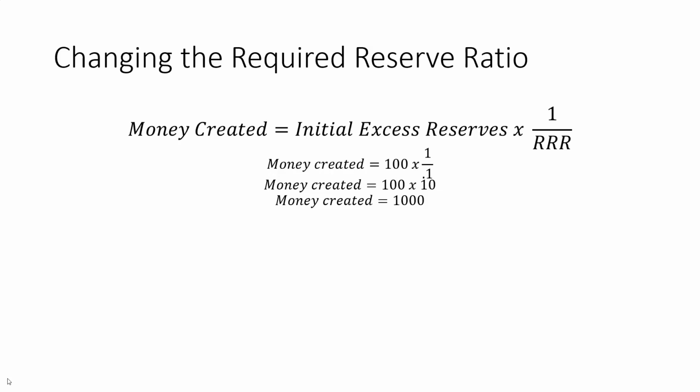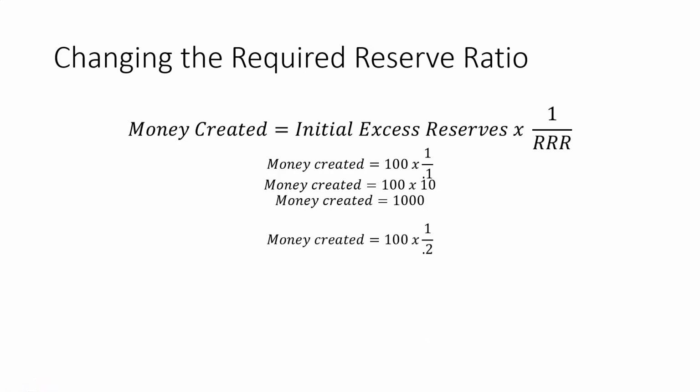And remember, we were able to create $1,000. And that was based on the fact that our required reserve ratio was 10%. So what happens if the Fed changes the required reserve ratio?